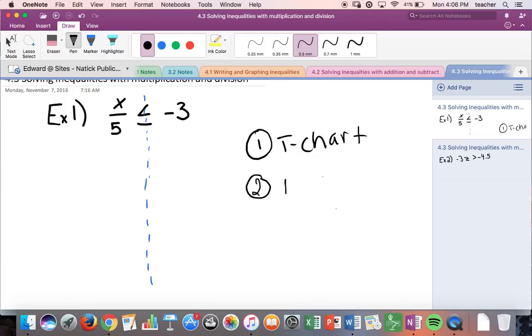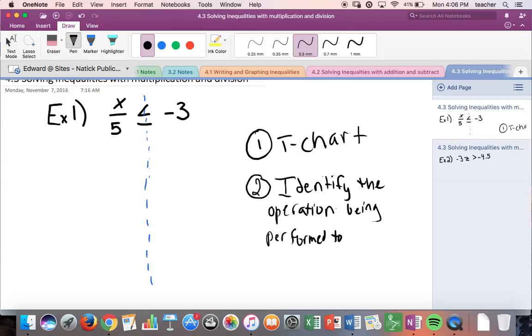we want to identify the operation being performed to the variable.